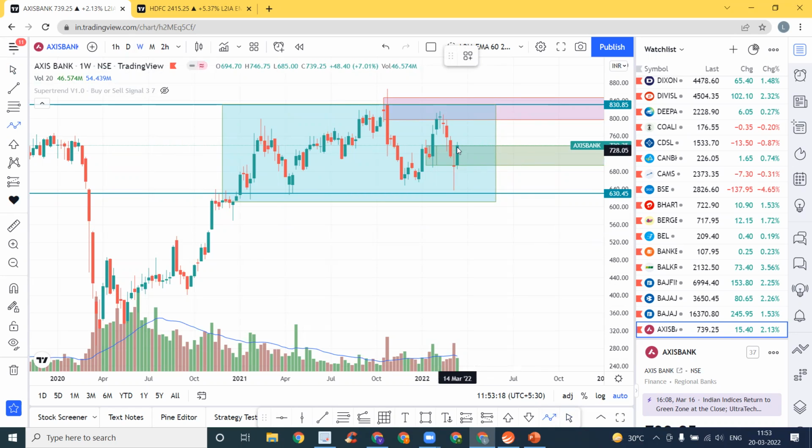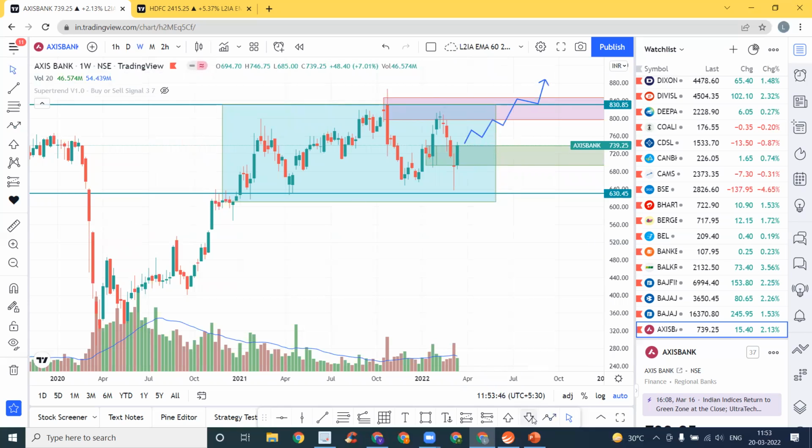Now, when this stock is here, if it moves in this direction and moves up, and it crosses this level at 830, then it is a good point for me for Axis Bank.